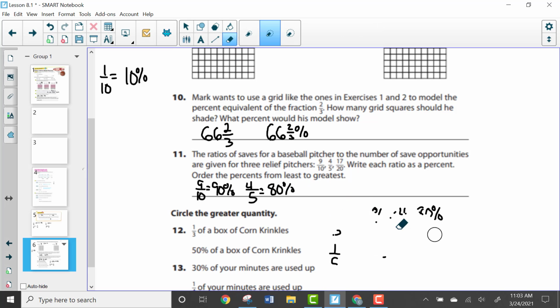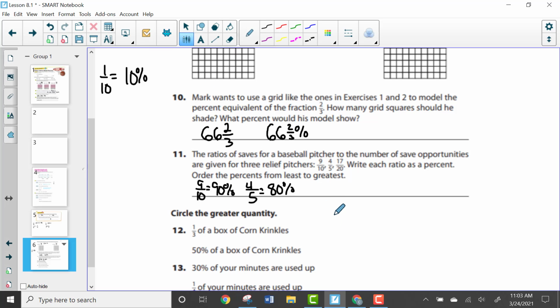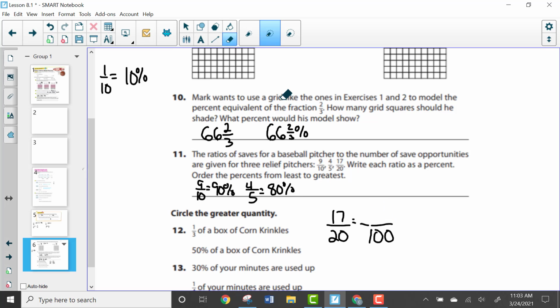Now let's take a look at 17 save opportunities out of 20. Not too bad there. So we take 17 out of 20. That's going to equal something out of 100. I should put an X there instead of the box. So something out of 100. So first step, since we set this up as a proportion, we cross multiply 17 times 100.